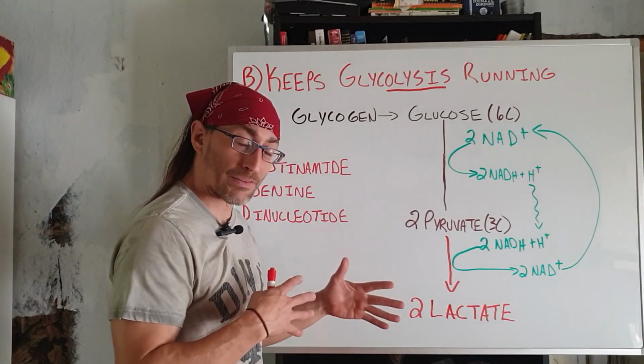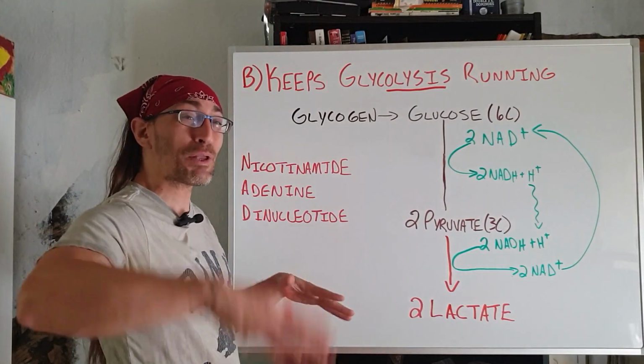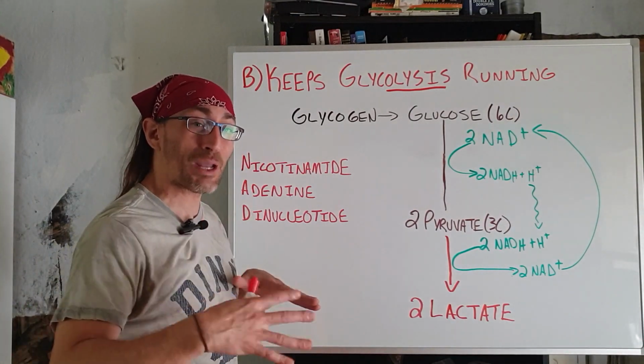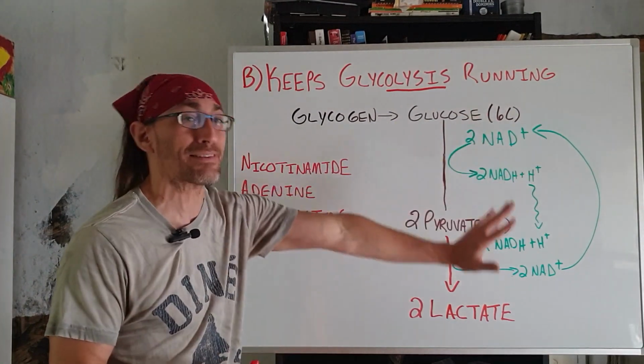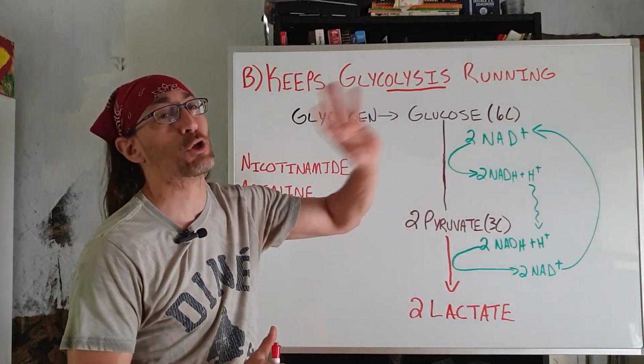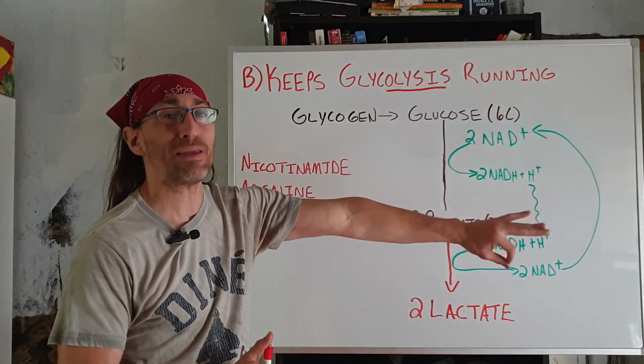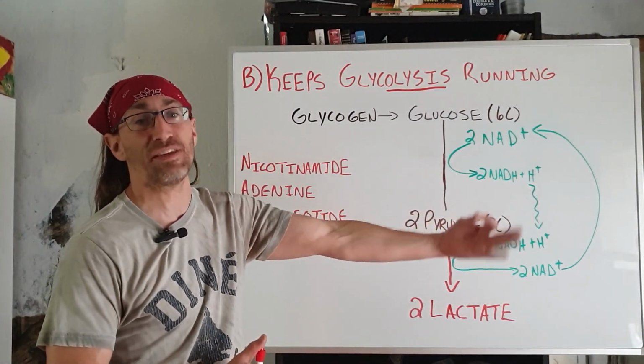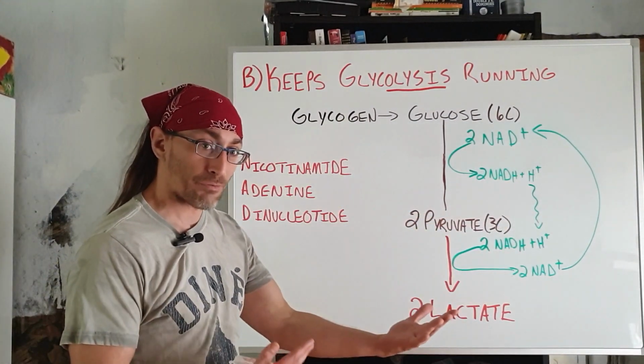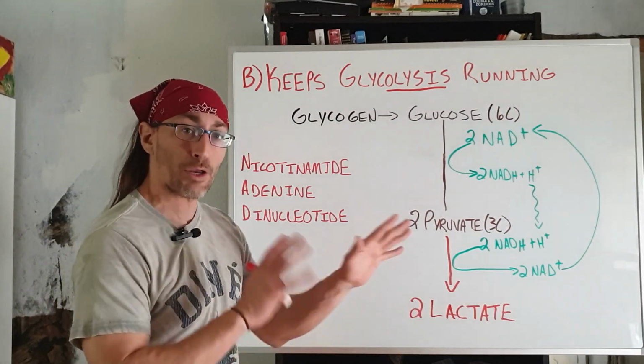And that process is going to net us some ATP. It's not a lot of ATP, but it's a relatively rapid, relatively fast way to get ATP. It's not as fast as the system we'll talk about at some point, called our ATP-CP system, the phosphocreatine system. You might have heard those.